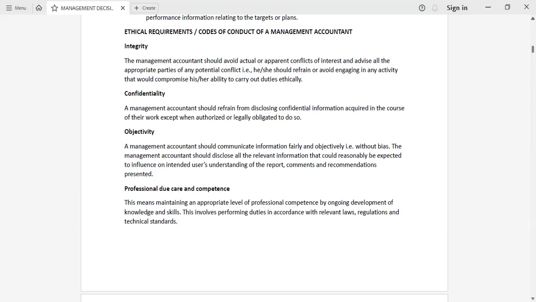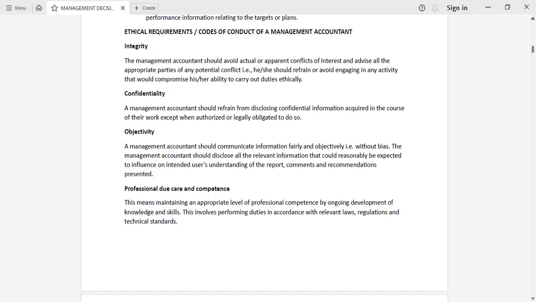The codes of conduct are always the same, or always similar, for all professionals. Hence, we are just looking at how they should be behaving as they are executing their duties.